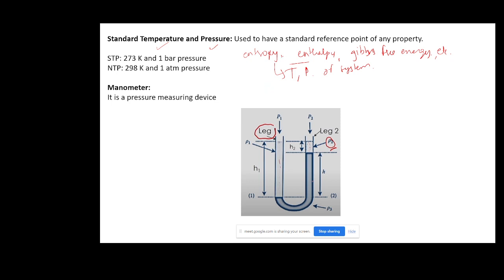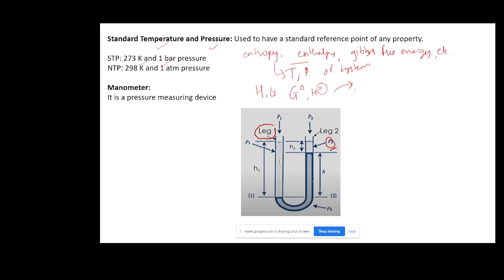For example, if you take enthalpy H or G, the standard temperature and pressure is 273 Kelvin and 1 bar, at which we measure the value, and it is denoted by a naught, G naught, H naught. So naught represents the standard temperature and pressure values.